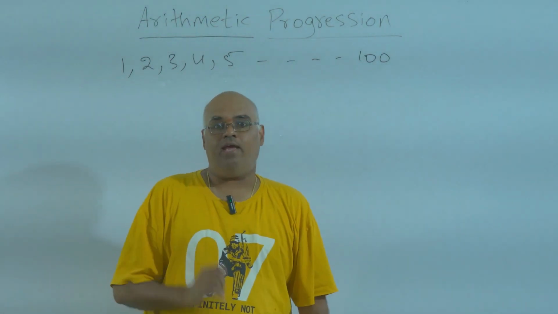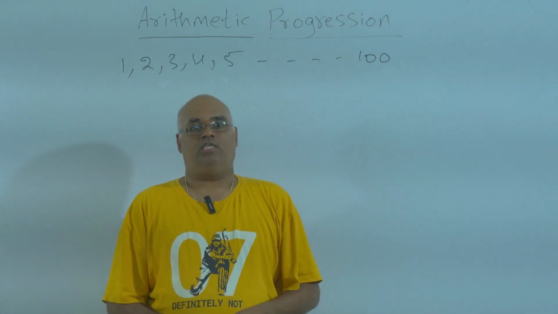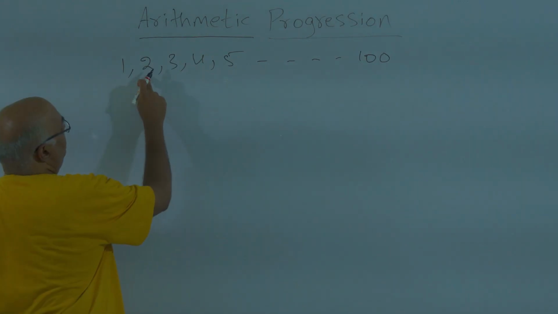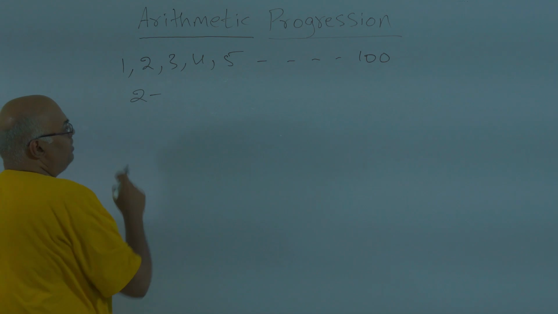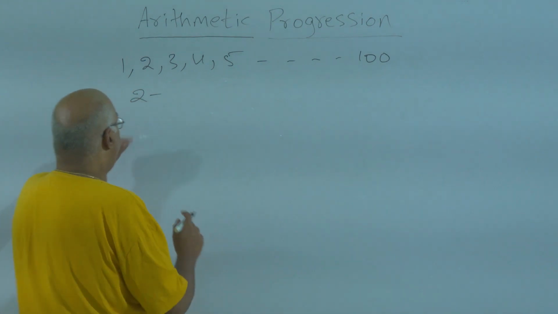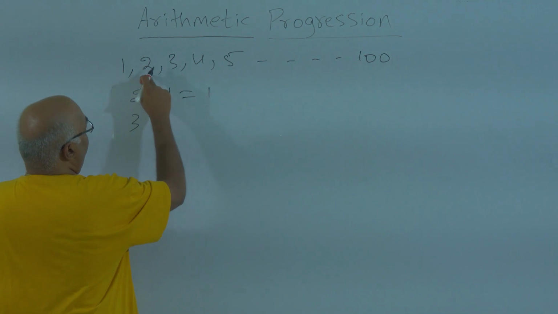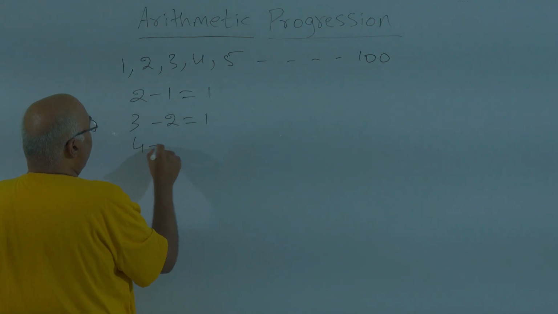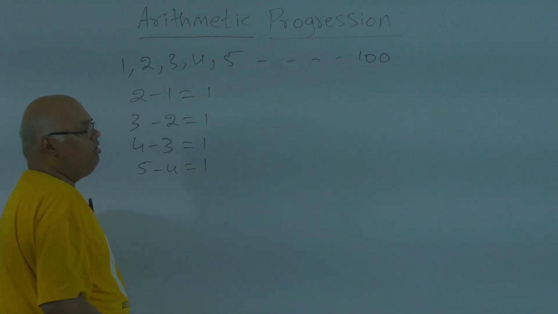If you are given a sequence and you want to check whether it is an arithmetic progression or not, let us see here. The second term is 2. Take each element minus the preceding element. So 2 minus 1 is equal to 1. 3 minus 2 is equal to 1. In the same way, 4 minus 3 is equal to 1, and 5 minus 4 is also equal to 1.